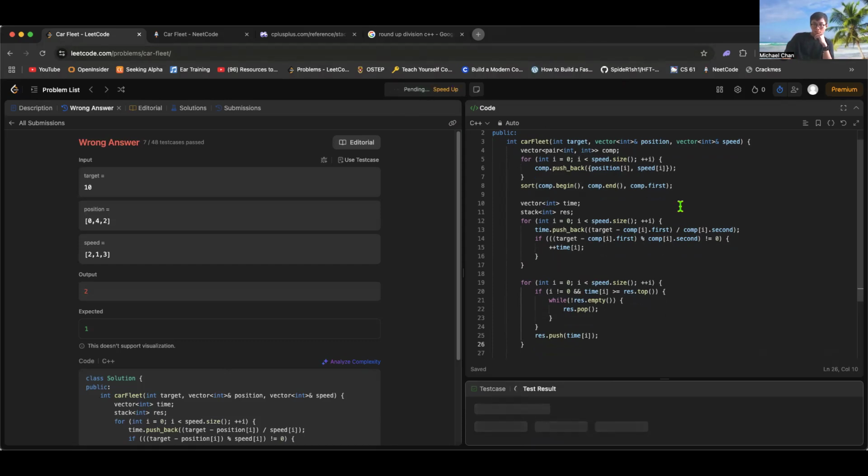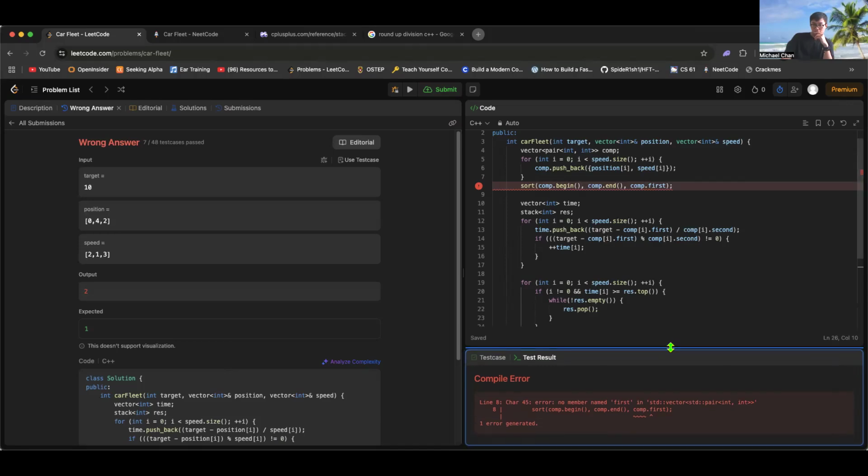Now it should work, if the syntax is right. It's not.